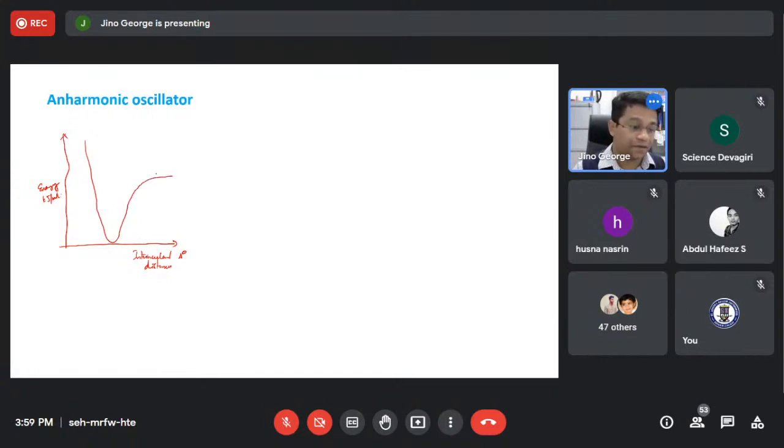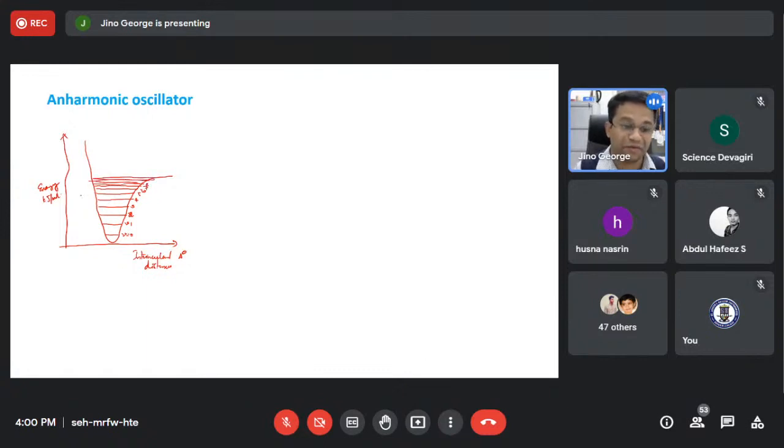You might have seen this: v is equal to 0 will be here, v is equal to 1 will be here, this will be v is equal to 2, 3 comes here, 4 comes here, 5 comes here, 6, 7, 8, 9 keeps continuing.